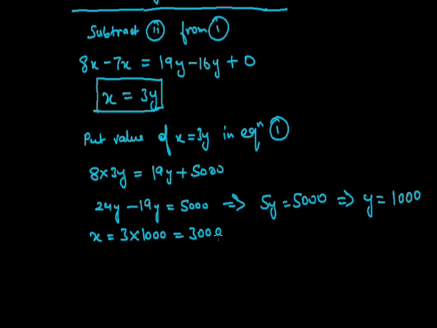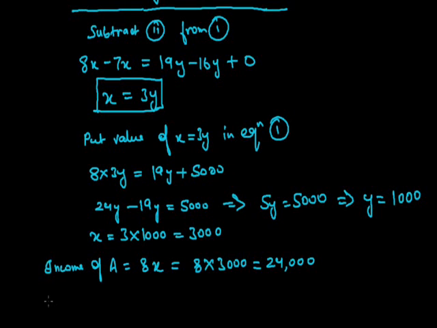As I got the value of x and y, now I can easily find out the income of A and B. Income of A was 8 into x. So I will keep the value of x here, so I will get 8 into 3,000, which is 24,000, and accordingly income of B is equal to 7x, that is 7 into 3,000.